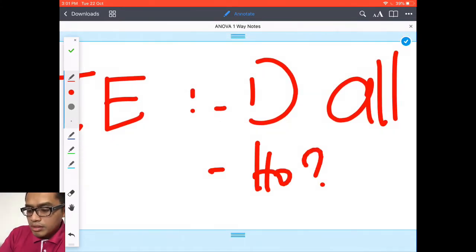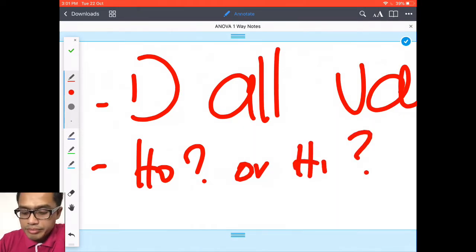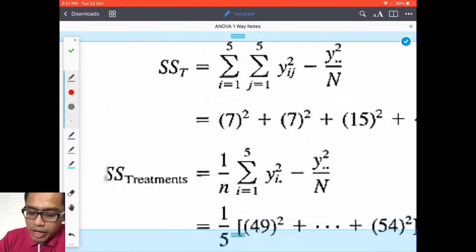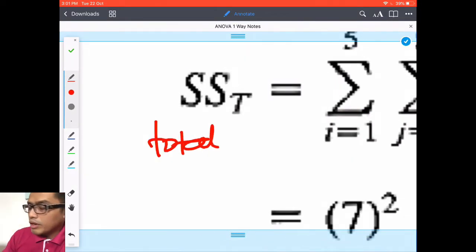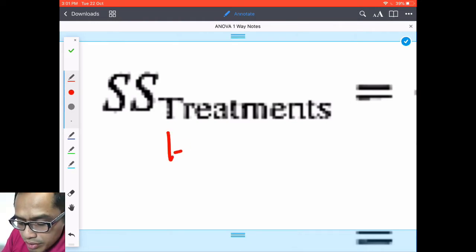H0 or H1. Alright. The equation goes as such. You have SST for total. And then you have SS treatment. One textbook uses treatments, one textbook uses level.